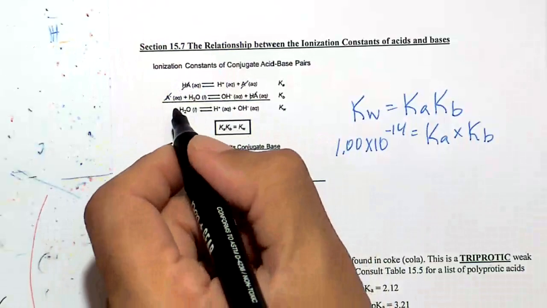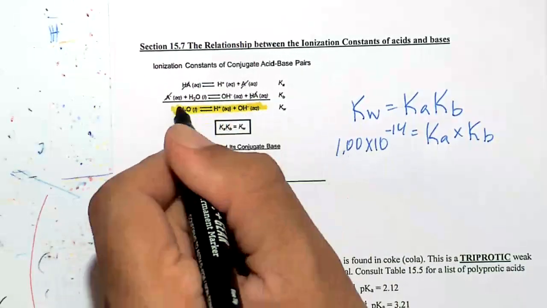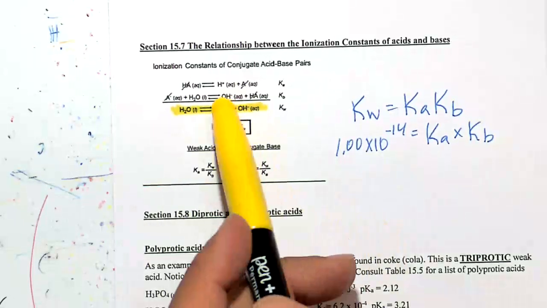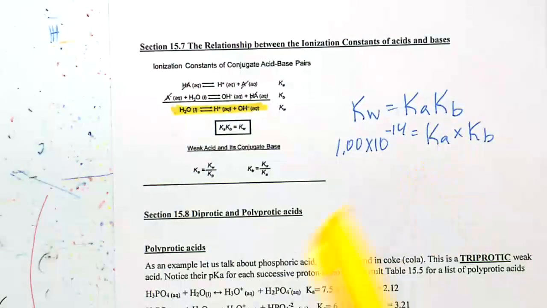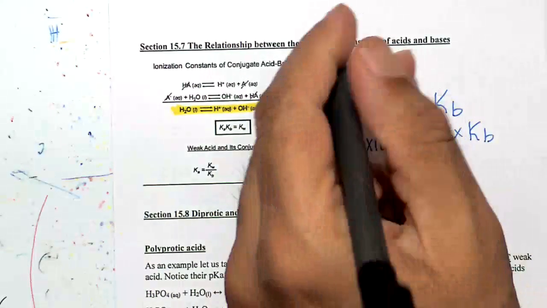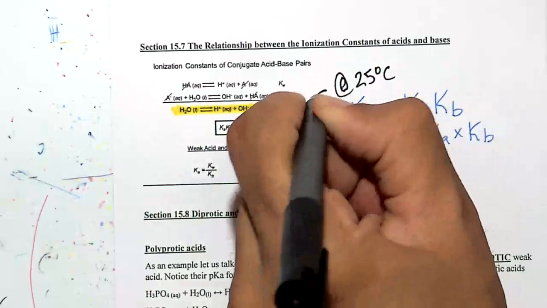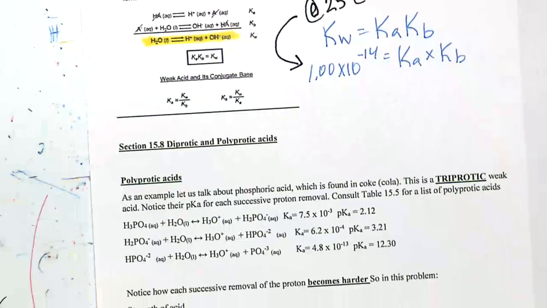The equilibrium reaction is for water: water donating a proton, another water molecule accepting that proton. So water protonating another water molecule. That's Kw. This is a relationship I want you to keep in the back of your mind. K's are quoted at a specific temperature, and the temperature for this constant is 25 degrees. Let's move on here.